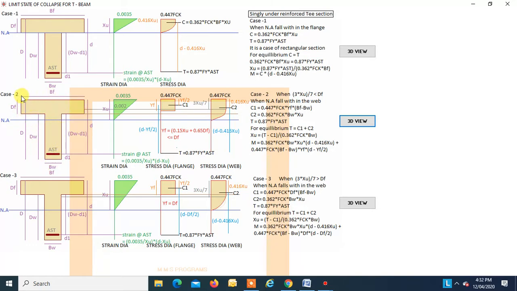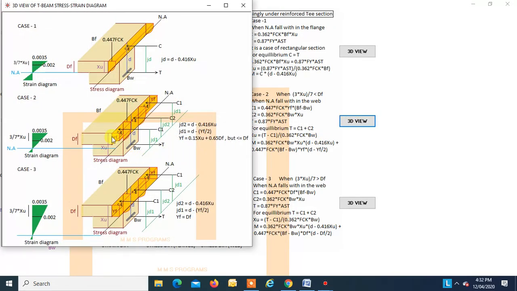So this flange and this flange will have a different stress diagram as compared to this web. That is what we are seeing in this 3D view. This is the stress diagram, that is 0.447 FCK into YF, for flange 1 and flange 2, and this is the regular stress diagram for the web, that is for a rectangular section, right?